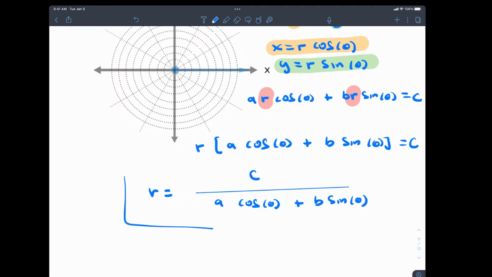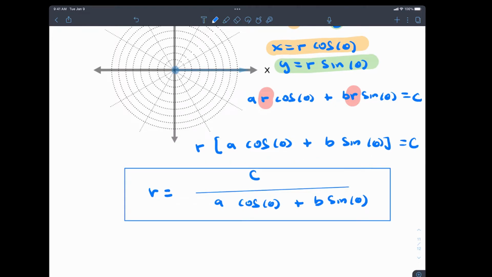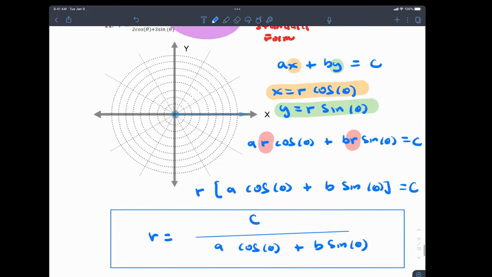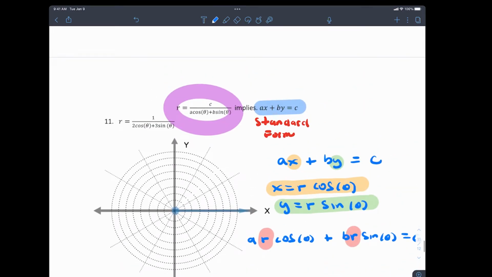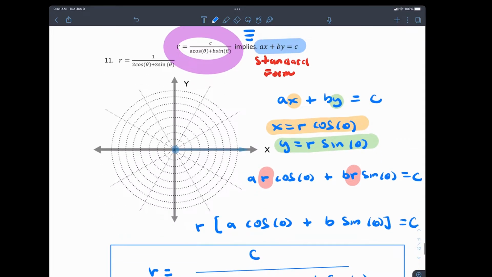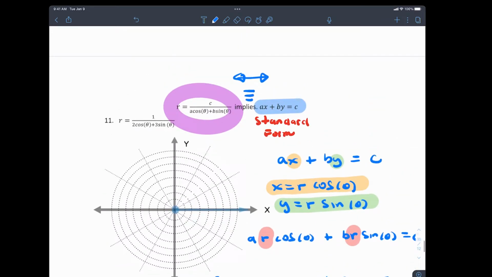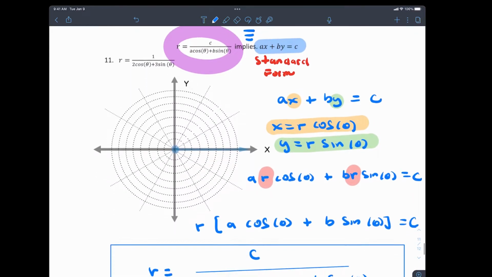So I'm just remarking to you guys that these are equivalent. It's an equivalent relationship, a biconditional. So logically, I did this backwards for you guys. Sorry about that. Even though I used the word implies, it's a very technical thing. It goes the other way as well.